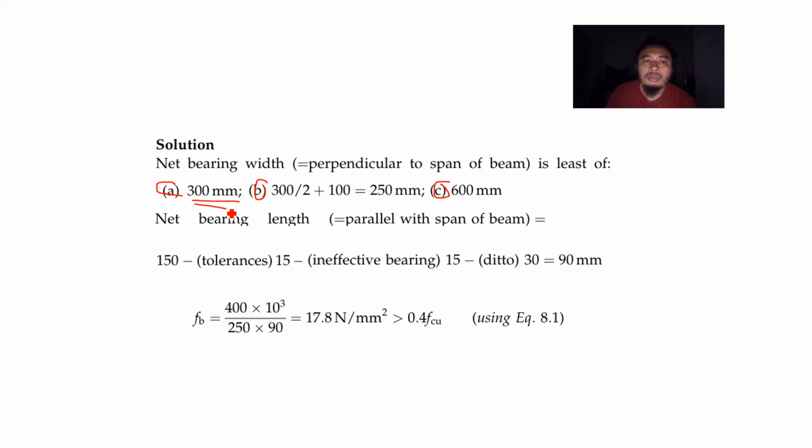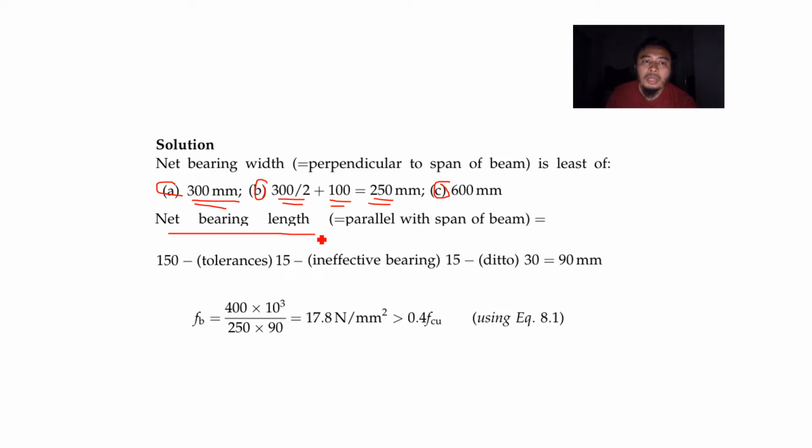The second one is bearing width over 2 plus 100, and the last one is 600, whichever is the least. In this case, the least is bearing width divided by 2 plus 100, which is 250 mm.